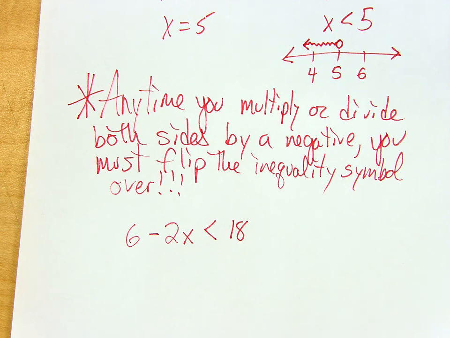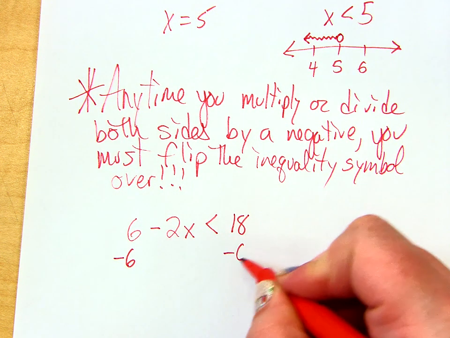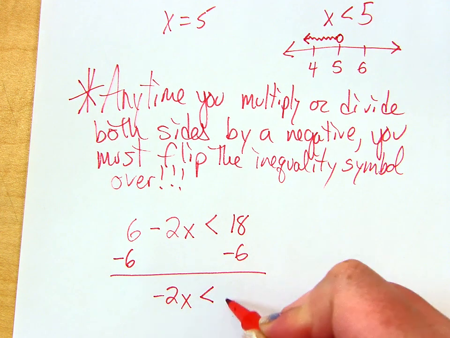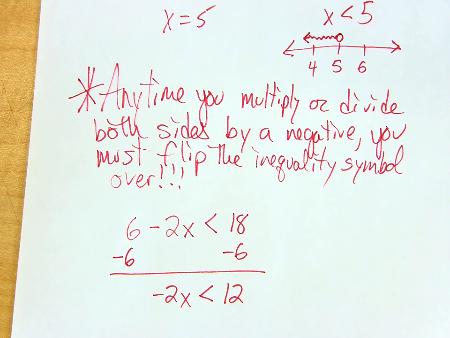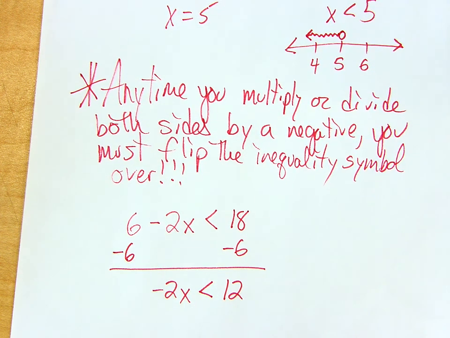So what do you normally do? Would you minus 6? Yes. The first thing you would normally do is minus 6 from both sides. So you should absolutely do that. If I'm going to minus 6, does that mean that I should flip the symbol over? Nope. No!